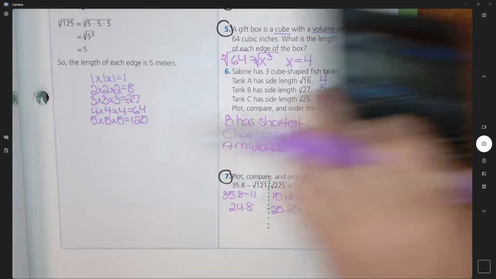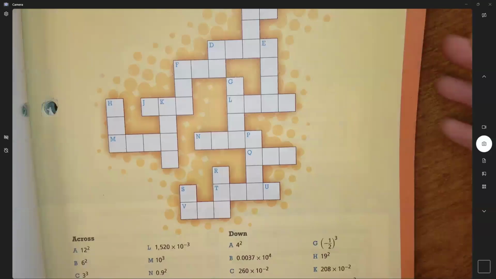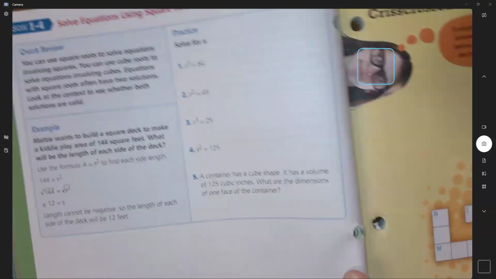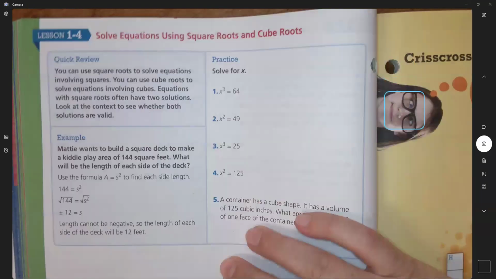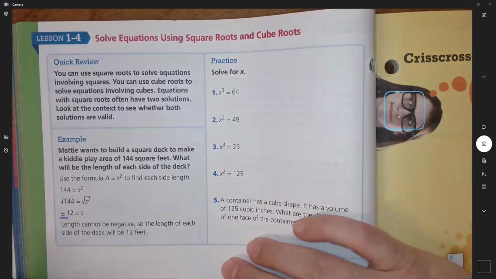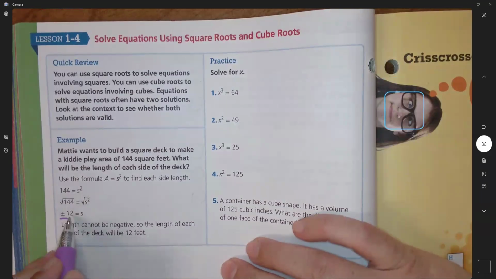All right. Last thing was the last lesson. It was solving. Most important thing to remember is there are always two answers when you are squaring because you have a positive and a negative. Remember, negative times a negative gives you a positive.